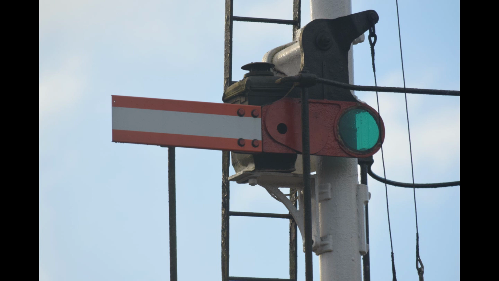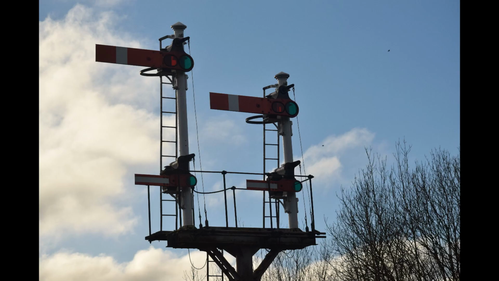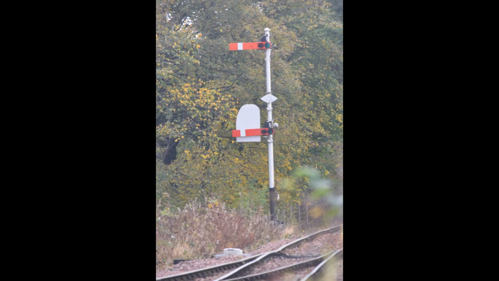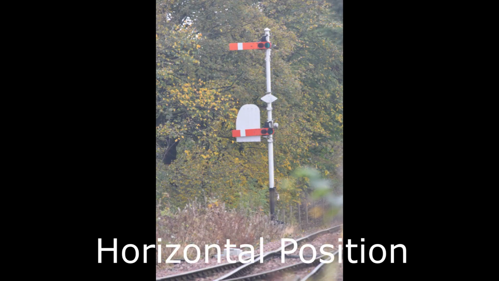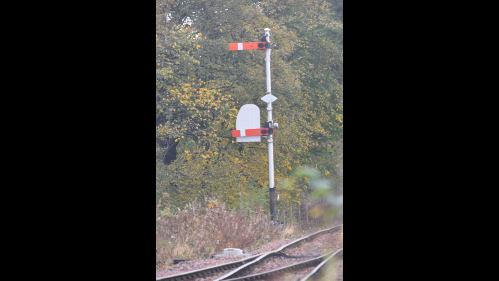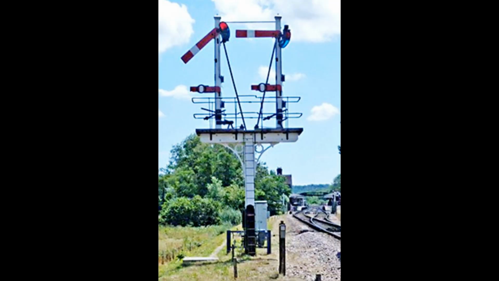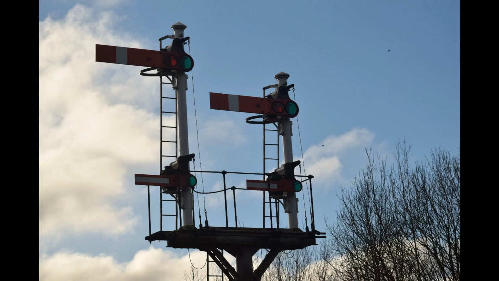They're painted red with a white horizontal bar on the front. They are mounted below the main semaphore arm, and when they're in the vertical position, i.e. the on position, the driver must obey the main signal. So if the main signal's off, then the driver can proceed as normal. If the main signal's on and the subsidiary arm is also on, the driver's got to stop.